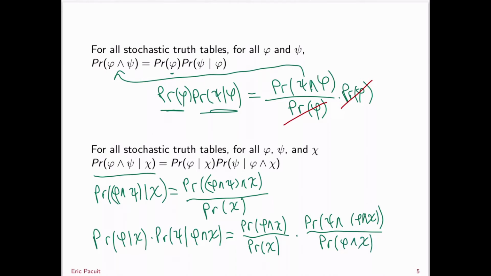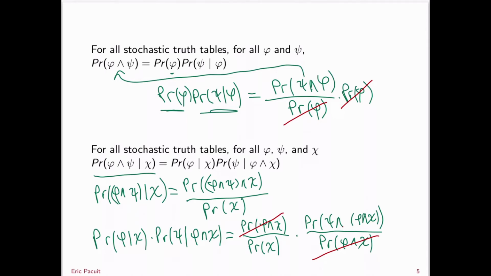Now we can simplify the multiplication of these two fractions. So the probability of phi and chi cancels with the probability of phi and chi. And now we get the probability of psi and phi and chi divided by the probability of chi.